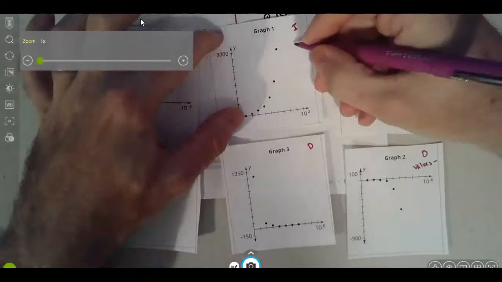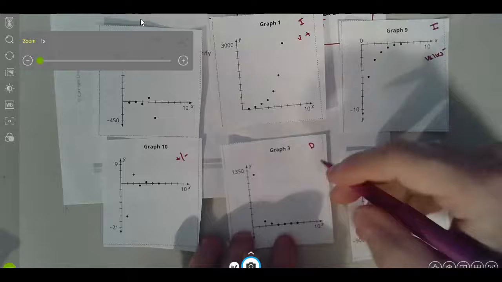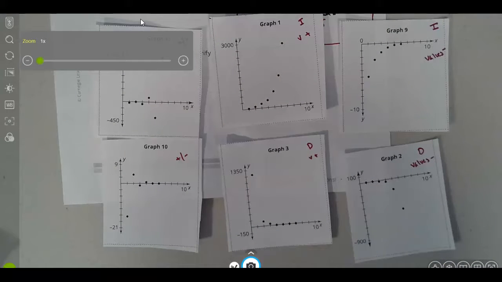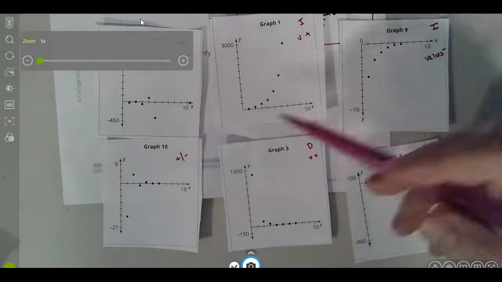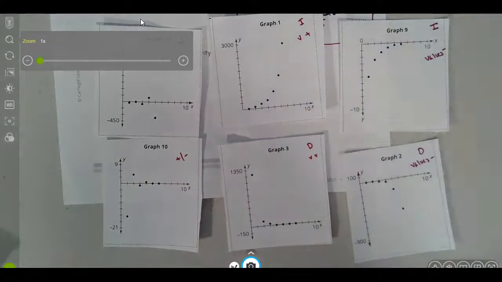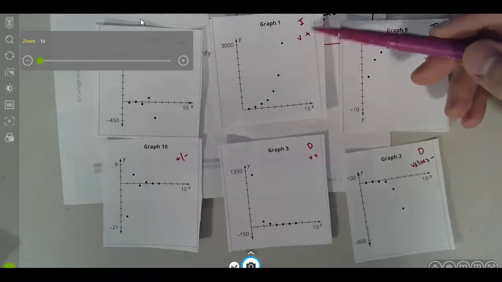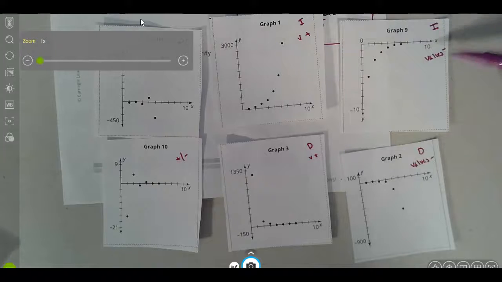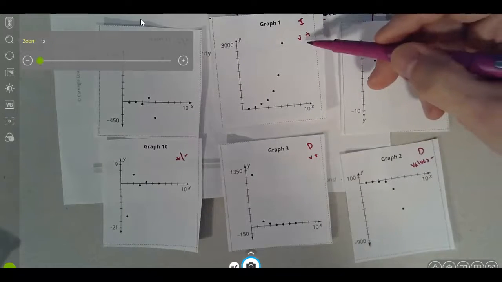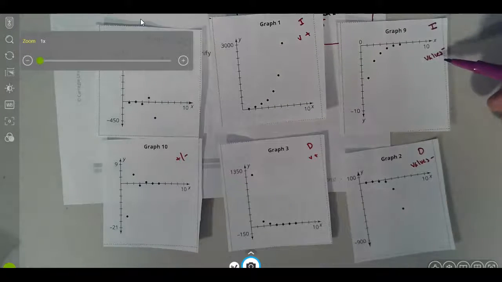This one, I say my values are positive because they're all going up. And in this case, my values are positive too. So we're trying to figure out what graph gives us the idea that they're alternating positive or negative. In this case, we're looking at a value that's positive and increasing. This one's saying my first term and all of my terms are positive. This one's saying that my first term and all of my terms are negative, and it's increasing.